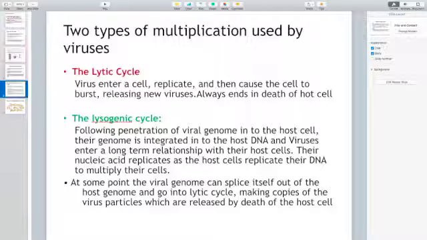Then at some point, the viral genome that has been integrated into the host cell can splice itself out of the host genome and then go into the lytic cycle, making copies of the virus particles which are released by death of the host cell.